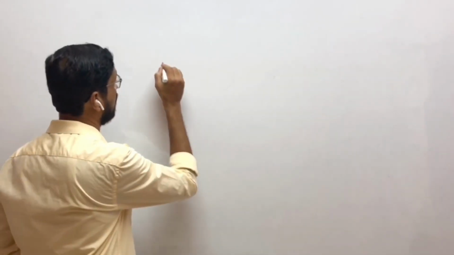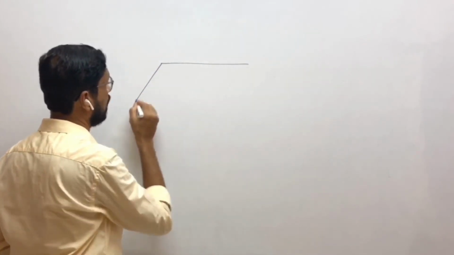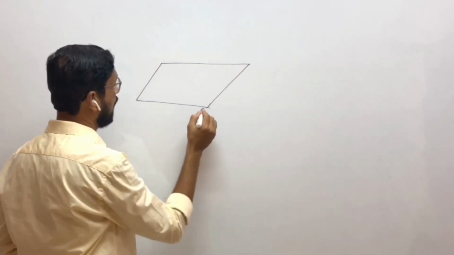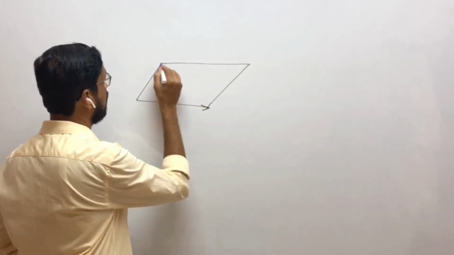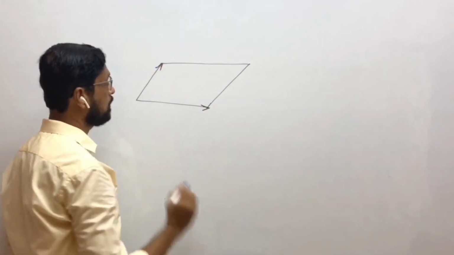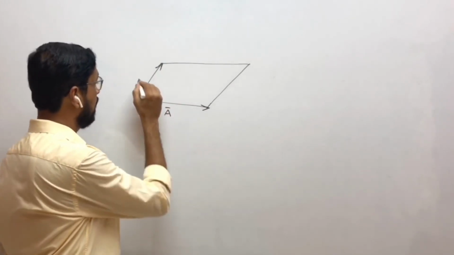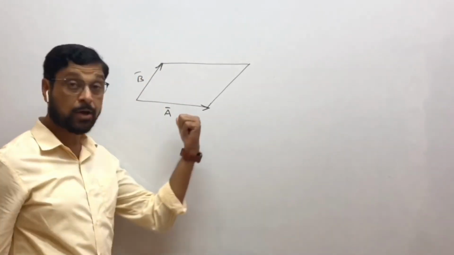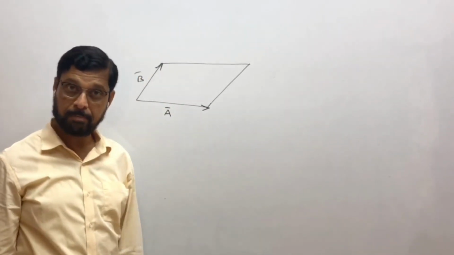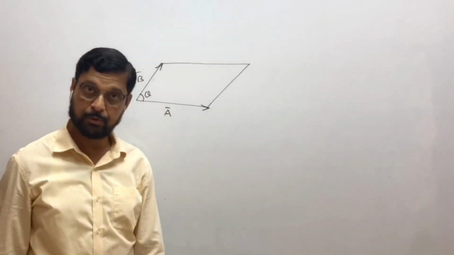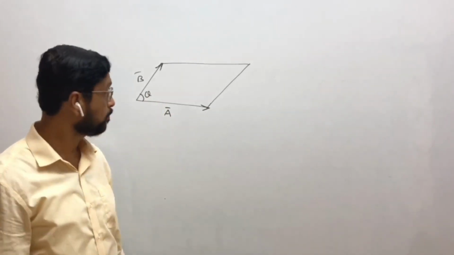Suppose two vectors are represented as two adjacent sides of a parallelogram. Two vectors A and B are two adjacent sides of a parallelogram, and suppose theta is the angle between those two vectors.